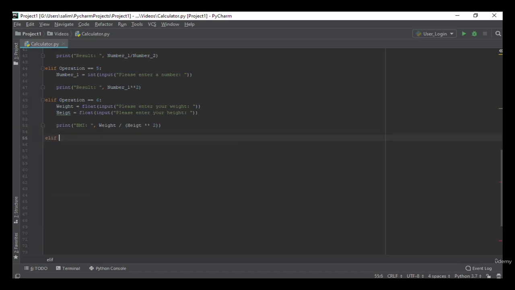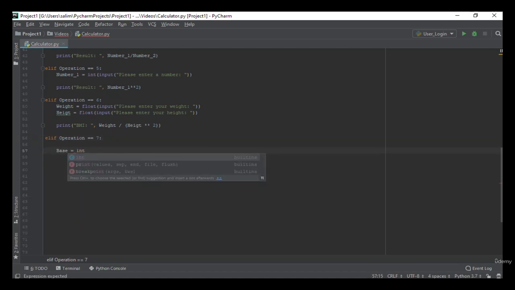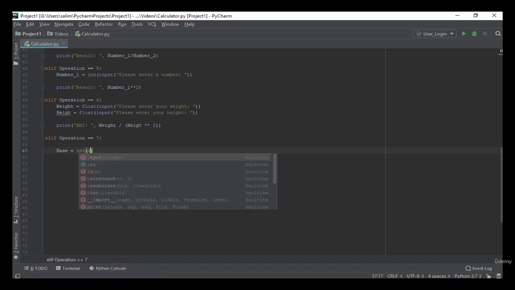Now the seventh one is the area of a triangle. So we'll create two variables named base and height, and ask for the values to be entered by the user.